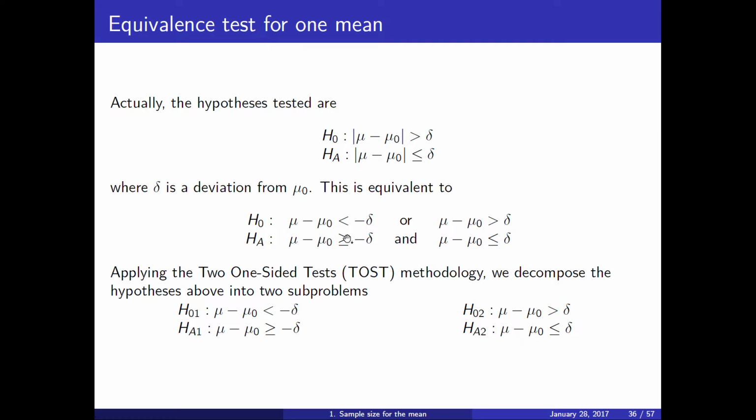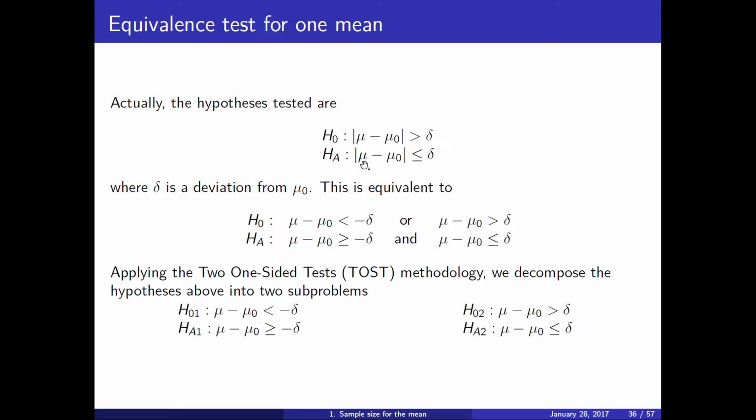So this is a non-inferiority test, and this is a non-superiority test. So actually we have split our original hypothesis into two hypotheses, two one-sided hypotheses. So this technique is called TOST, that is two one-sided tests.